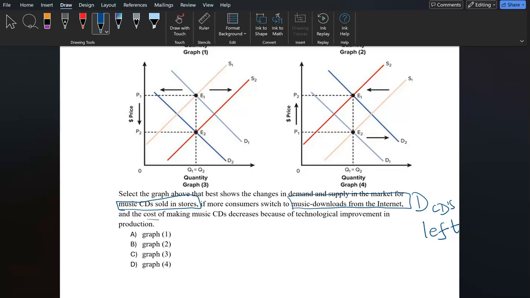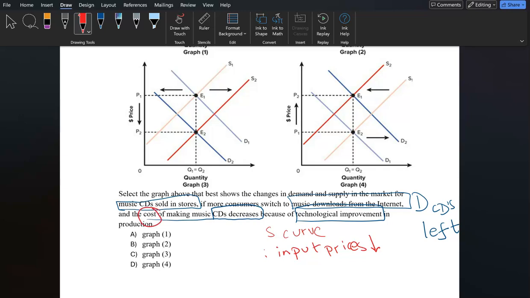But the cost of making music CDs decreases because of technological improvement. So here we are looking at the supply curve, and as the input prices go down, or cost of making CDs decreases, supply will shift to the right.